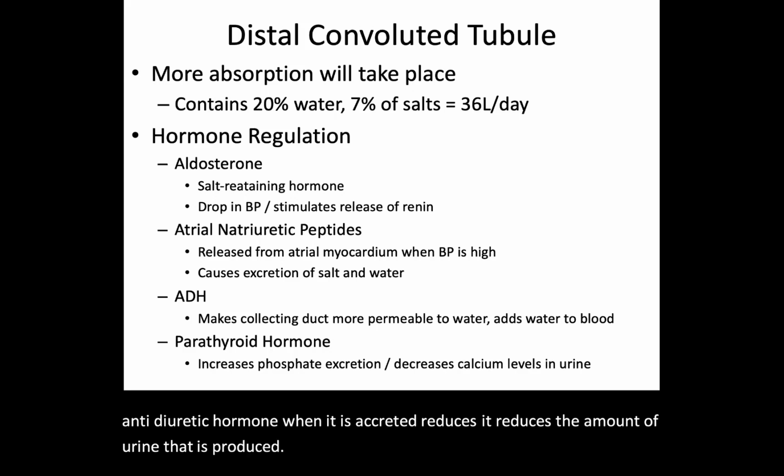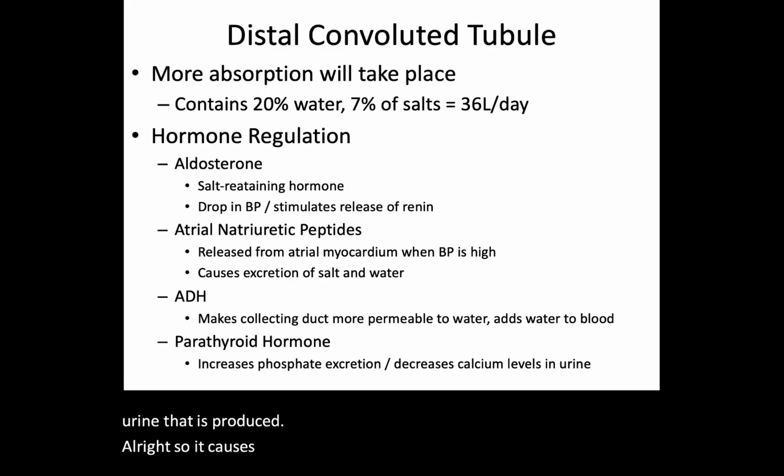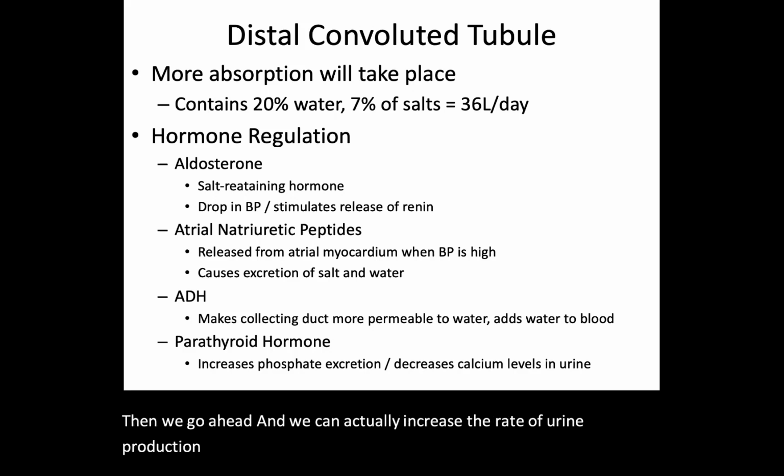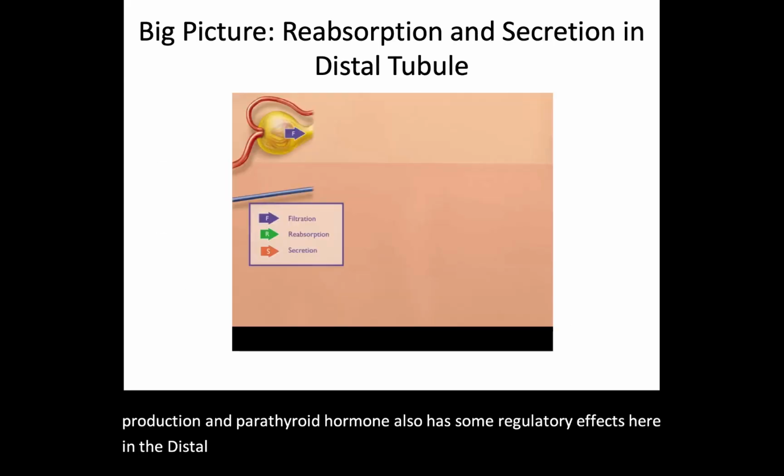All right, so it causes water reabsorption. If we inhibit ADH, then we can actually increase the rate of urine production. And parathyroid hormone also has some regulatory effects here in the distal convoluted tubule.